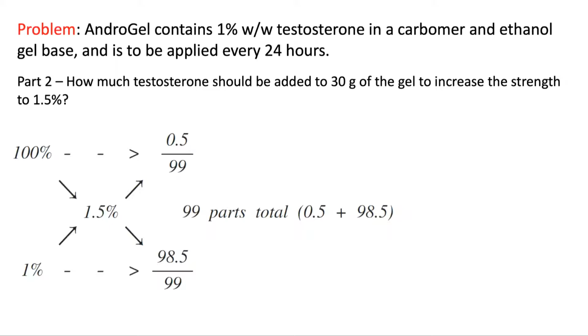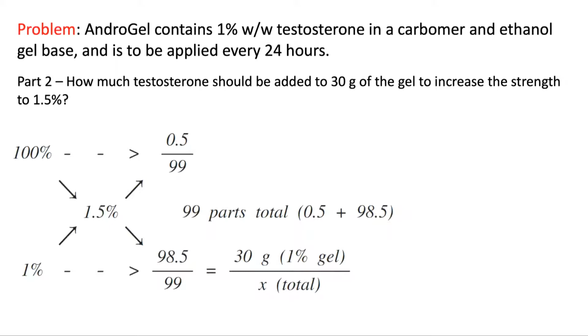So what other information do we have? We are starting with 30 grams of our 1% gel. That's the amount of gel, that's 1%, that we're going to start with. So what we can do is set that. That's really the same as our 98.5 parts. So let's start at the bottom with our 1% gel and say that if we need 98.5 parts of that gel out of the 99 total, let's set that equal to the 30 grams of gel that I am starting with over X. And X will represent the total weight of the combination.